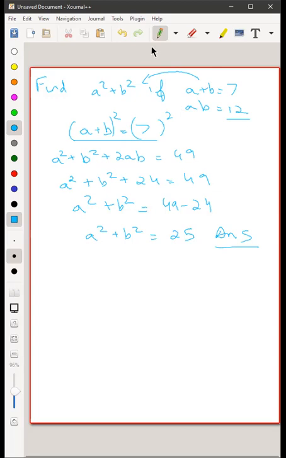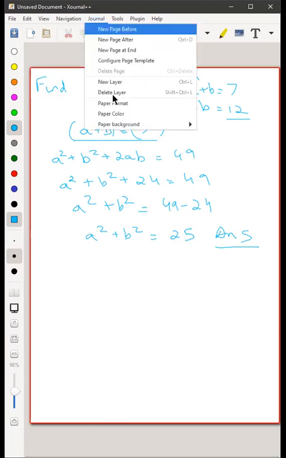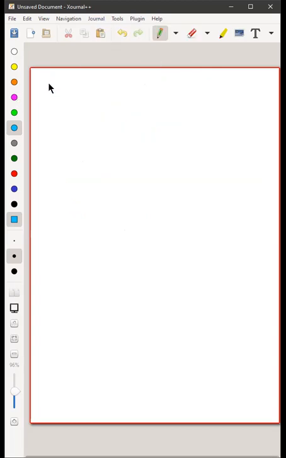Do this one, everyone. We have done a similar question earlier. Quickly solve this. If x plus 1 upon x is equal to 4, find out x squared plus 1 upon x squared.